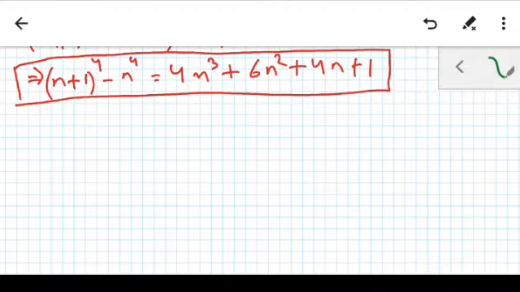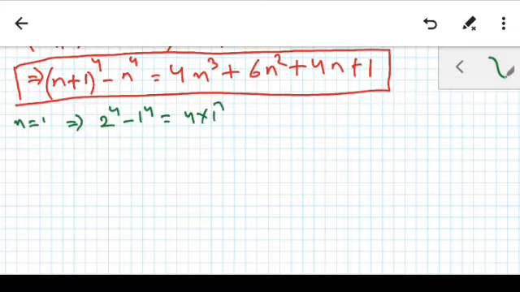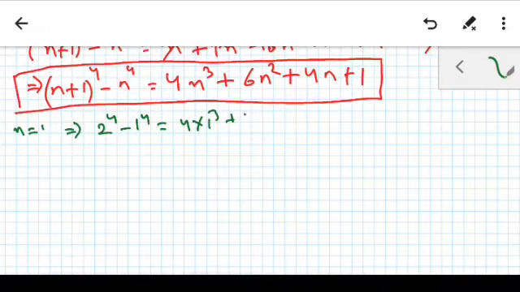So for n equals to 1, I have 2 to the power 4 minus 1 to the power 4, which is equal to 4 into 1 cube plus 6 into 1 square plus 4 into 1 plus 1.